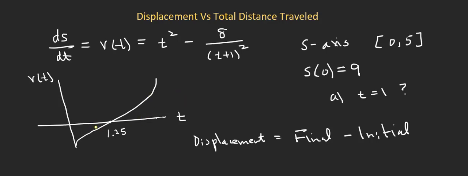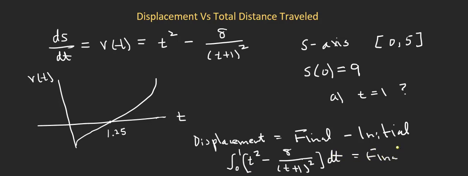So when t equals 1, the displacement will be the integral from 0 to 1 of the velocity, which is t squared minus 8 over quantity t plus 1 squared, dt equals final minus 9.